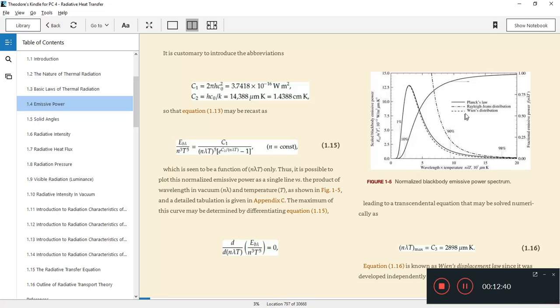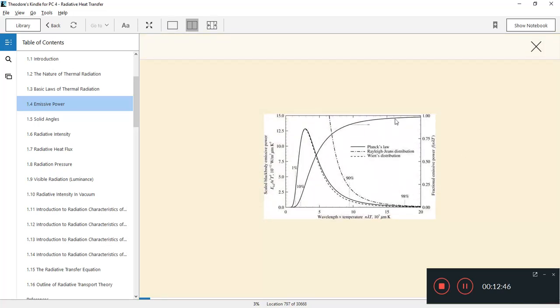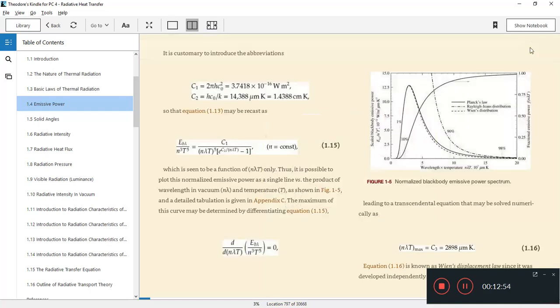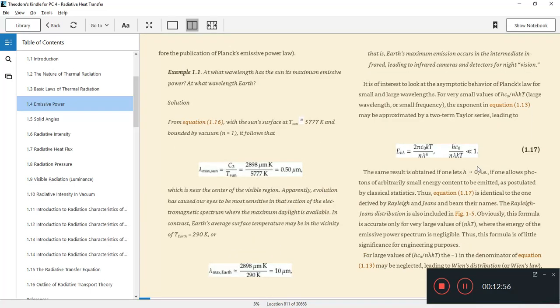So we have Planck's law over here. This Planck's law is the most accurate. Planck's law is based on quantum physics. These were based on more classical mechanics, which we will not talk about here. This was just some history.